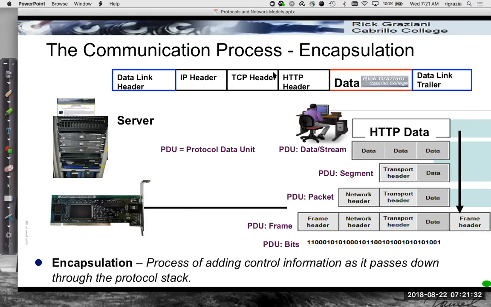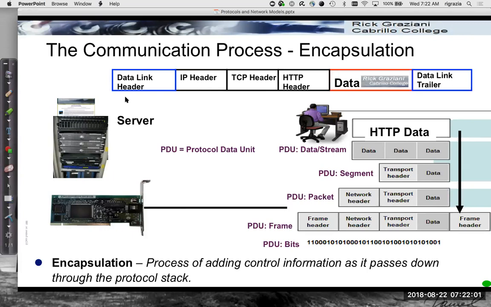So it gets encapsulated in both a header and a trailer. At the data link layer, we call this a frame, which usually includes both the header and a trailer. In this case, we're going to be using Ethernet, although it doesn't say that here, to encapsulate our IP packet. Now, we'll talk more about this in a moment, but this header is only good for NIC card to NIC card communications on the same network.